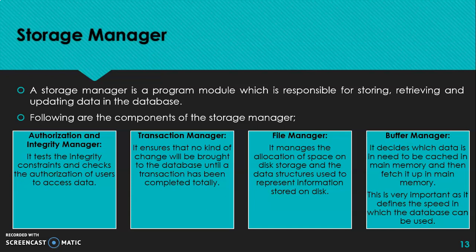So if it is in the cache memory, the access is faster, but if it is in the main memory, the access is a little slower. So to give the fast access, most of the data should be transferred to your cache memory, but it is the job of buffer manager to check which data is required and how quickly it is given to the cache memory.